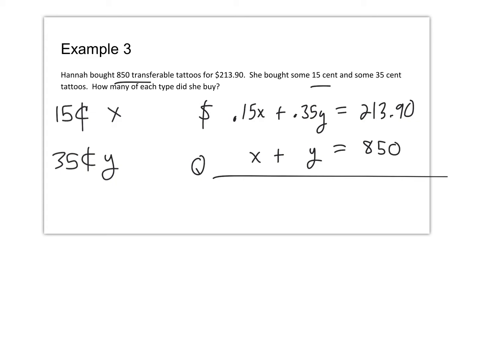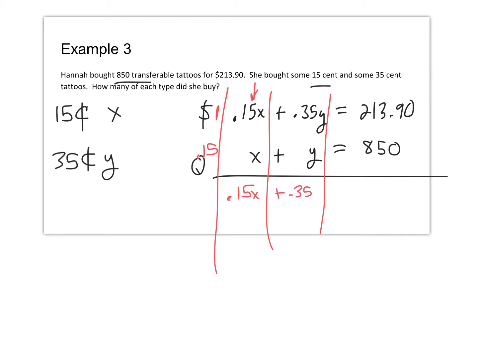Okay, so I'm going to use elimination here. I'm going to pick the x's to go after here. So I'm going to times the bottom one by 0.15, the top one by just 1. So I get 0.15x plus 0.35y equals 21390.